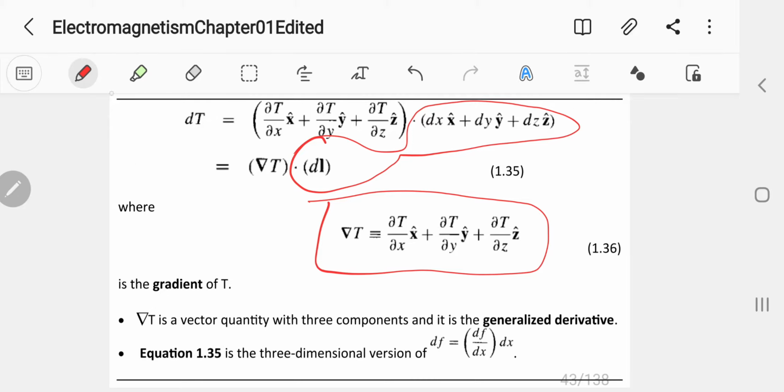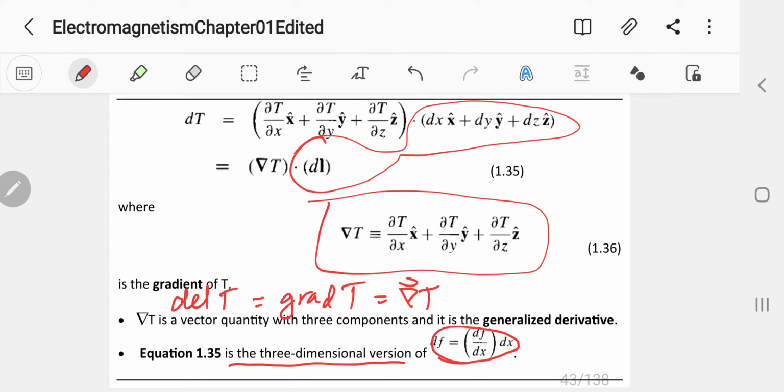This is also called the gradient of T. Or in symbols, that would just be that one. So this is the three-dimensional version of the ordinary derivative.